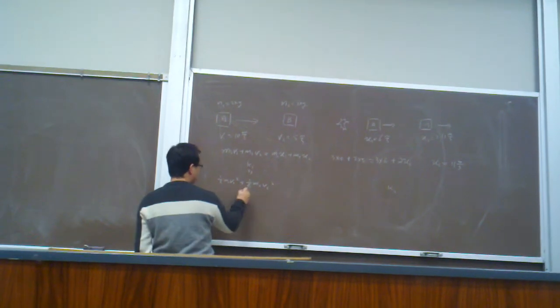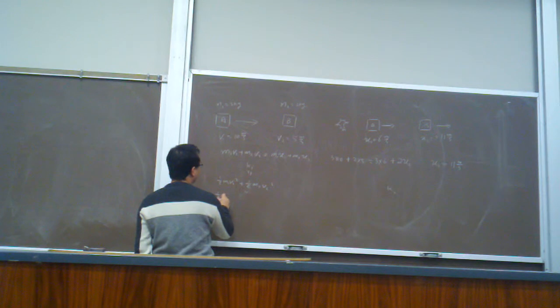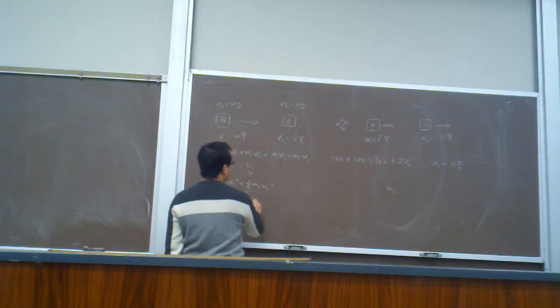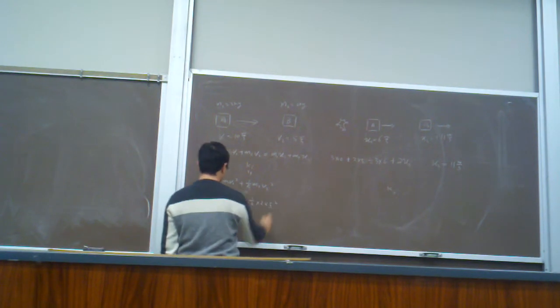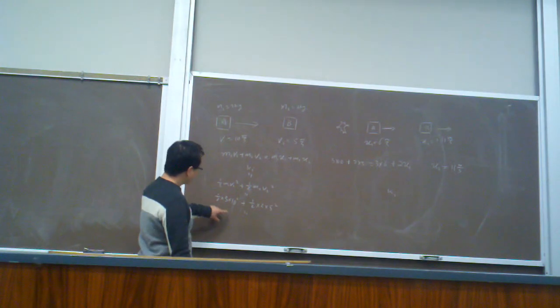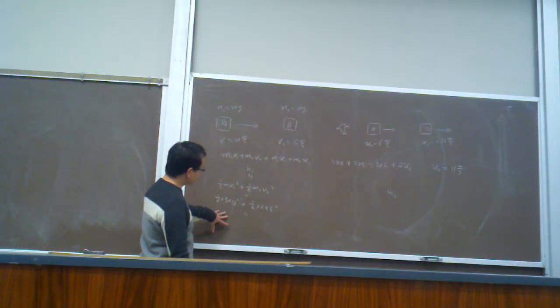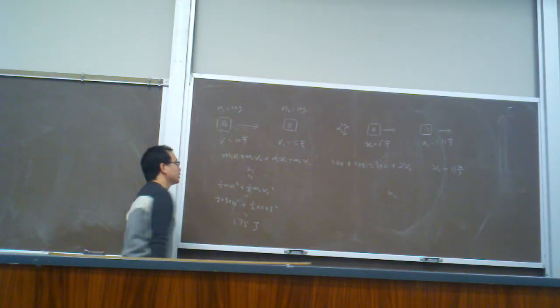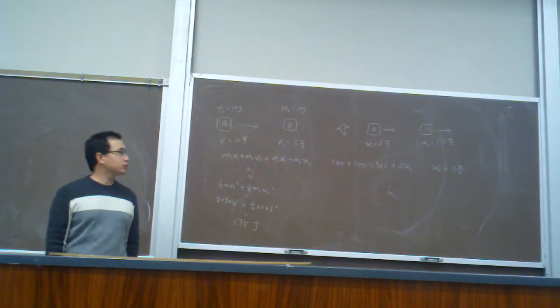So this will be 1/2 multiplied by 3 multiplied by 10 squared plus 1/2 multiplied by 2 multiplied by 5 squared. This will be 150 plus 25, so 175. That's the initial kinetic energy.